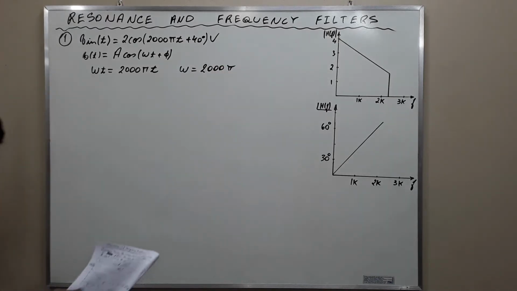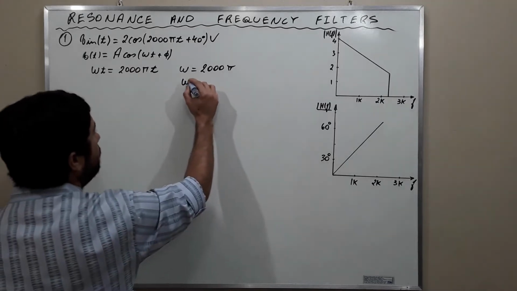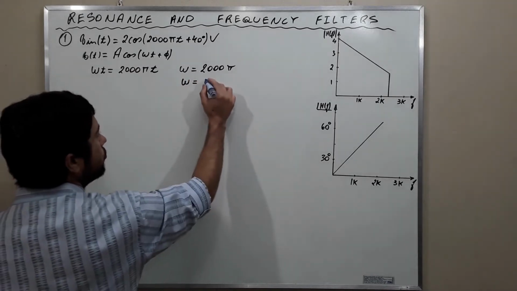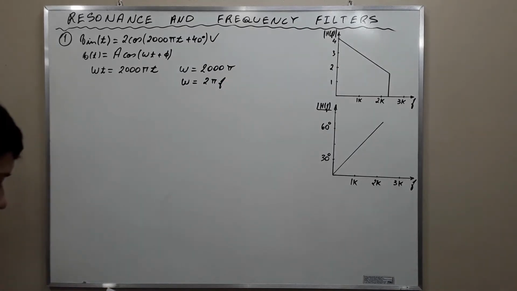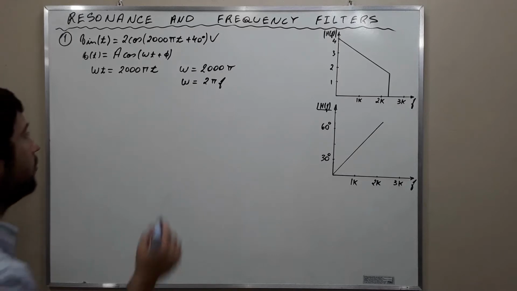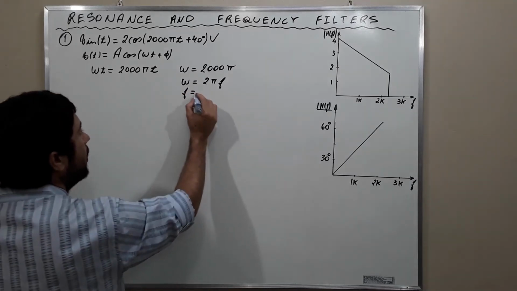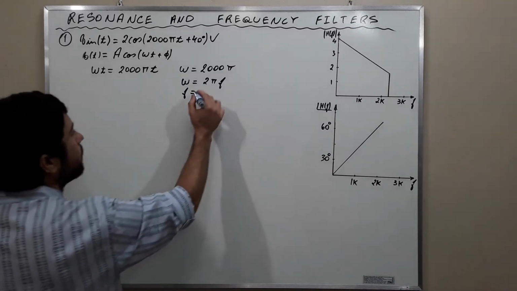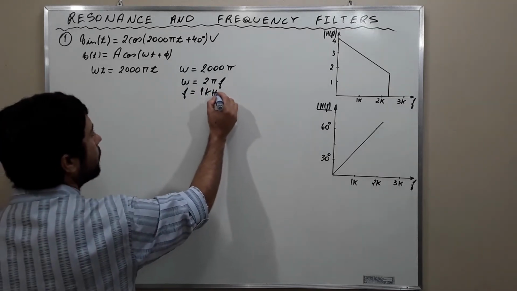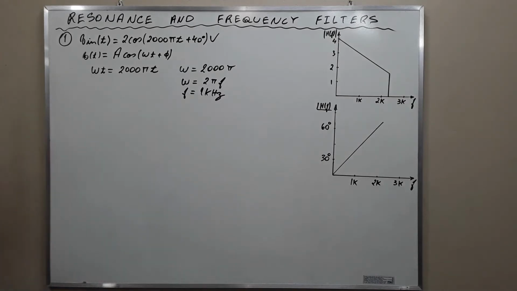We know that omega is equal to 2 times pi times f. Consequently, in this case, the frequency in hertz is 1 kilohertz.